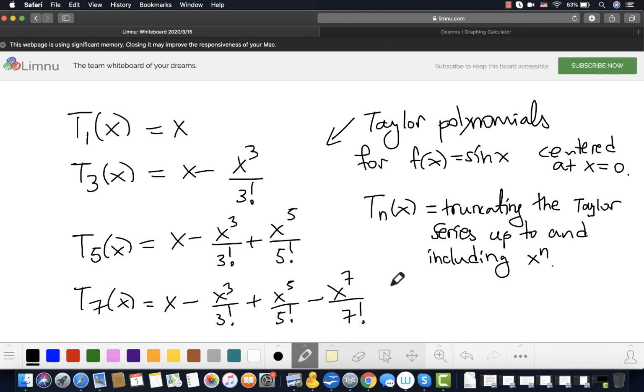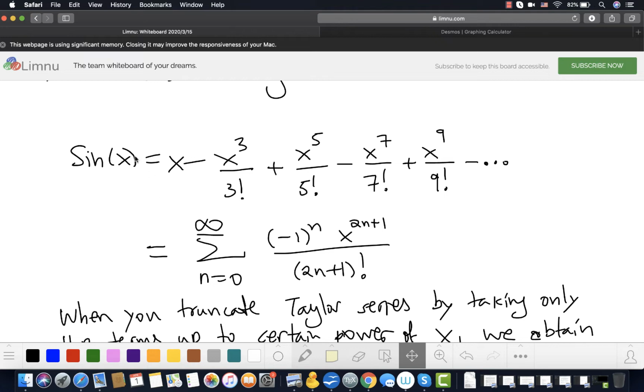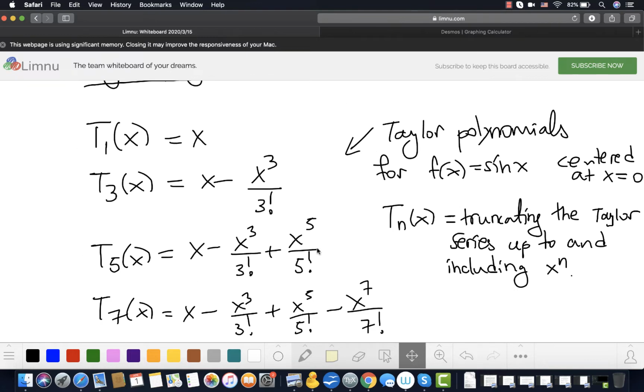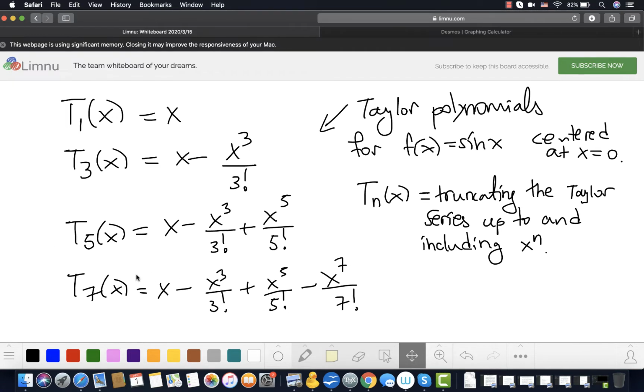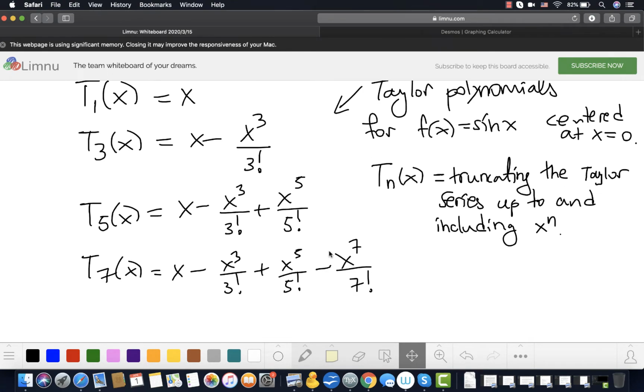So in fact, I have a little demo to show you. Recall that these polynomials are supposed to get closer and closer to sine x, because sine x is actually equal to this power series, which means that if you truncate it at some point, like we did here, for example, t sub 7, it's not going to be exactly sine x, because I'm not including all the other terms, but it will be a good approximation.